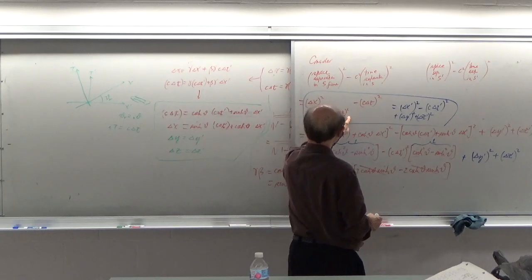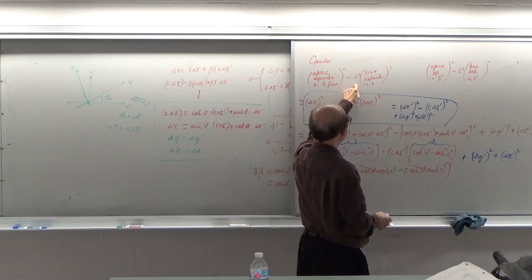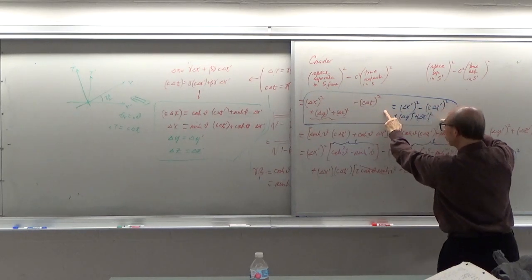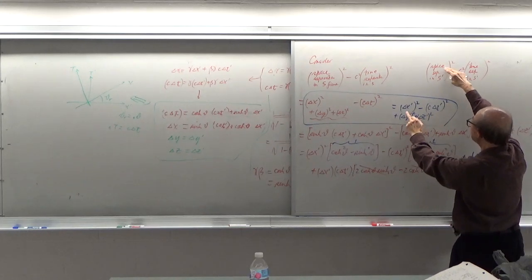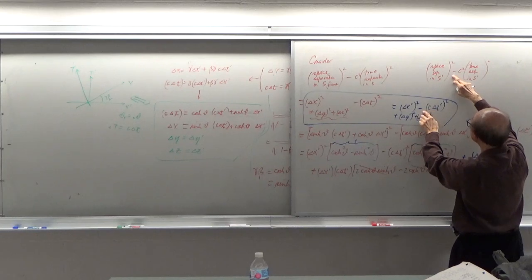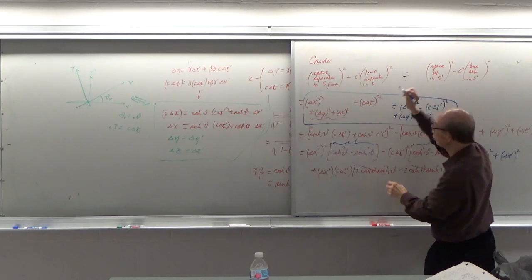So this is space separation in S frame minus the square of time separation in S frame. And that now has been shown to be equal to space separation in S prime frame minus c squared times time separation in S prime frame. So they're equal.